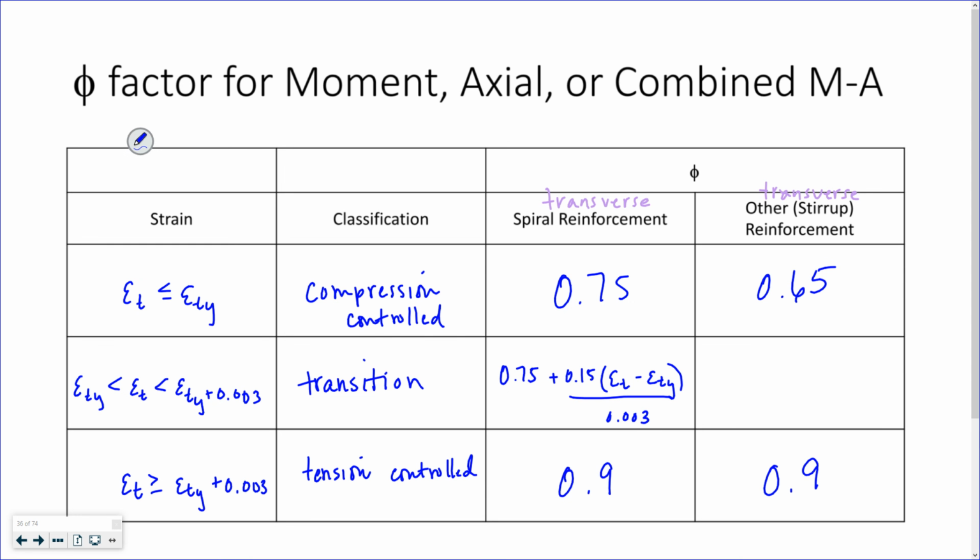Alright, that's that addition that you add on. 0.65 plus 0.25, right? 0.15 is the difference from 0.75 to 0.9. 0.25 is the difference from 0.65 to 0.9. ETY over that 0.003.